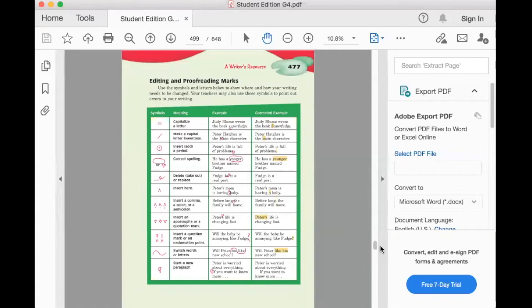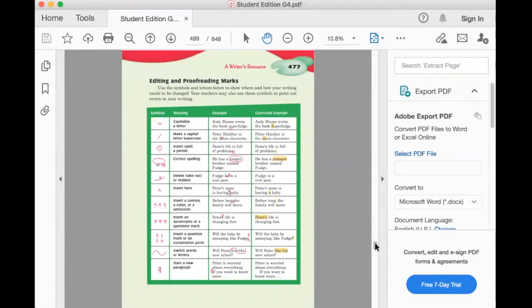So when the editor gives the writing back to the writer, all these symbols are the way that she shows where the writer has made a mistake and where the writer needs to change the mistake. Does that make sense? So if you underline it 3 times, that means that there needs to be a capital letter. If you cross it out, it means that the letter that you've crossed out needs to be small, not capital.